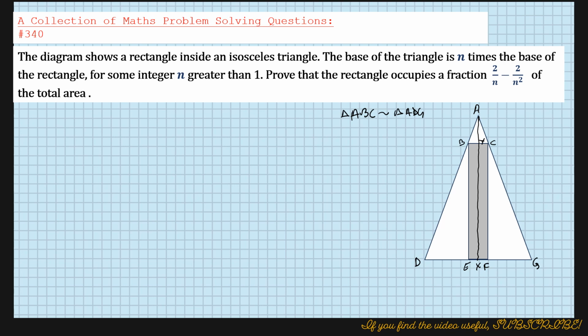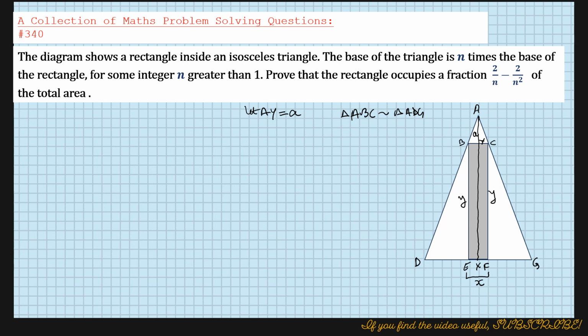So let AY be equal to small a, and let BE be equal to y, and let EF be equal to x.